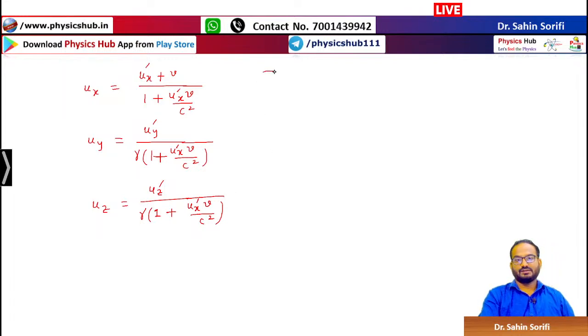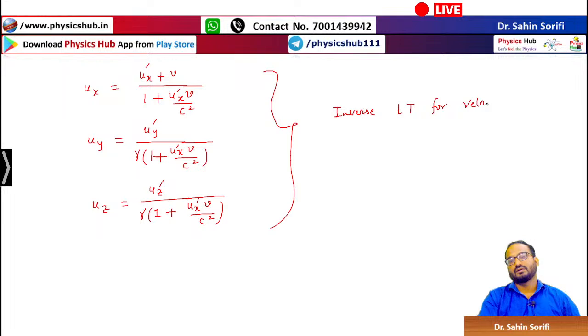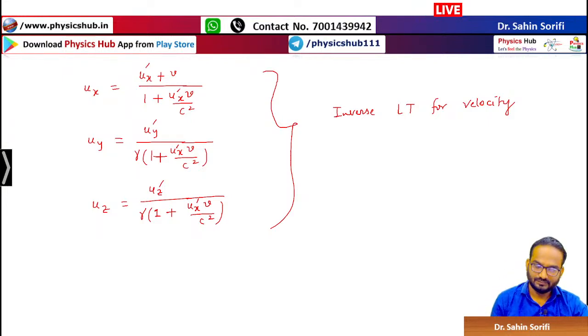These are known as inverse Lorentz transformation for velocity. Let me know if everything is all right.